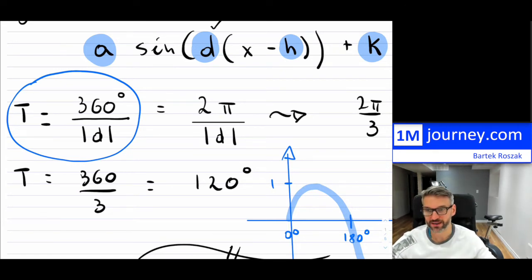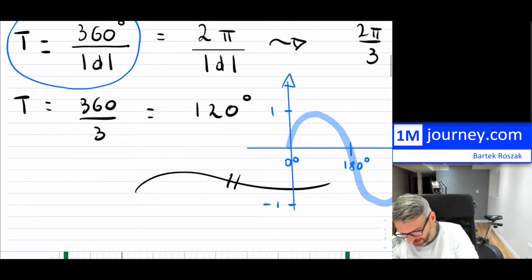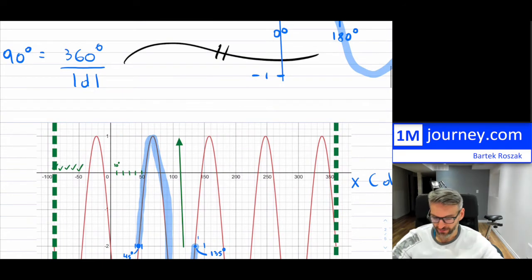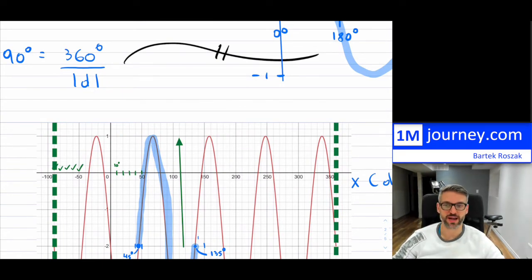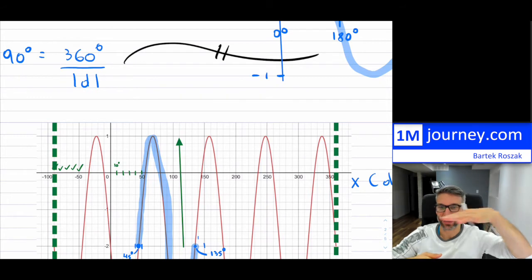Now we know that it is 90 degrees, so we can find that D now, because period 90 degrees equals 360 over D. Now, D being positive or negative, notice that I'm picking the sign which is like this, so it's not being reflected back in the X direction.